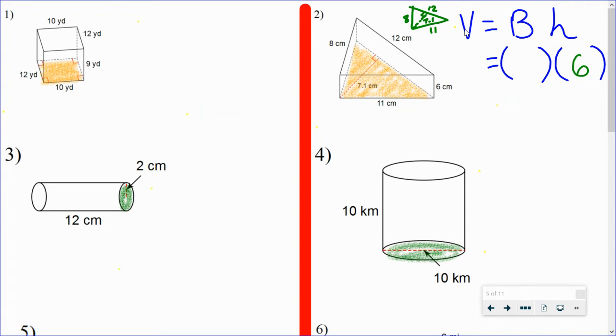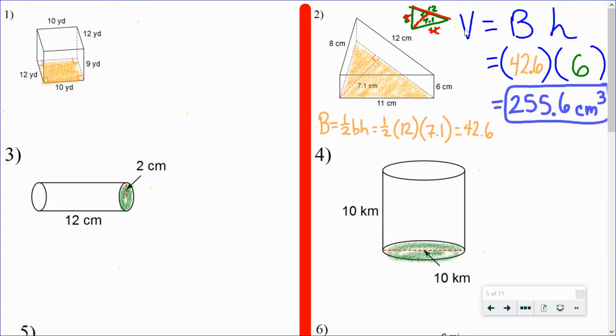To find the area of a triangle, we need only its base and its height. That means we'll need the 12 and we'll need the 7 and 1/10. Multiply 12 and 7 and 1/10, and then take half of it to get an area of 42 and 6/10. Now I'm going to go ahead and multiply 42 and 6/10 times 6, 255 and 6/10 cubic centimeters.